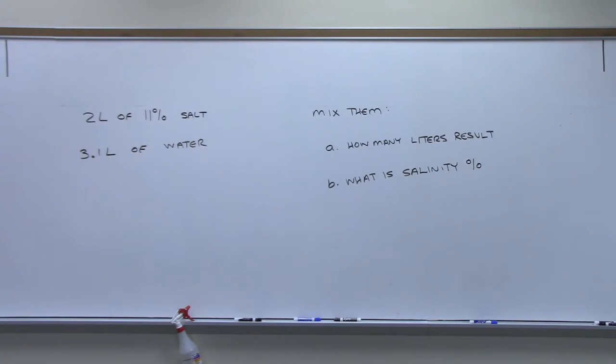It's 11% of 2. So you have to do 0.11 times 2 first. That's how much salt is there to start. Are you following that? Then you take that and divide it by the 5.1 that you get when you mix them.